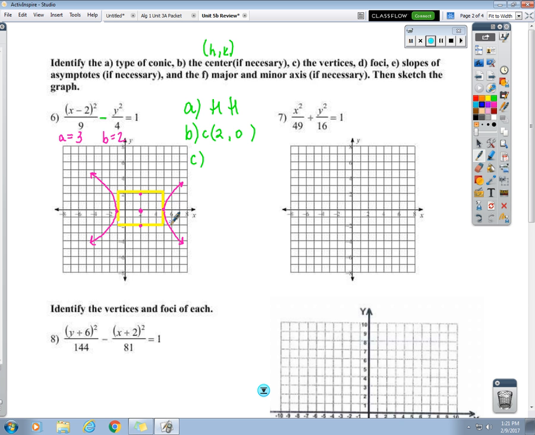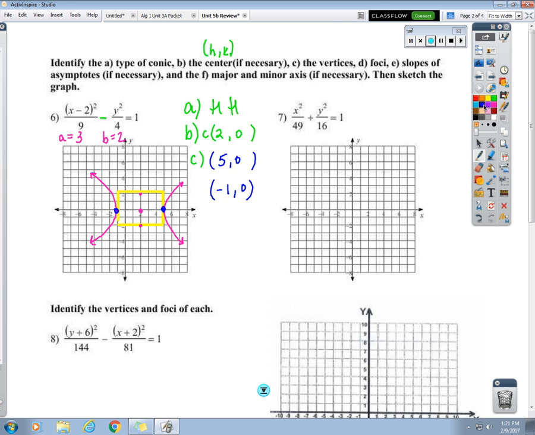Where this part changes directions, correct? So like this is a vertex, and this is a vertex. So we want to write down those coordinates. This vertex is where? 5, 0. And this vertex is where? Negative 1, 0. Okay, so now we're done with C.